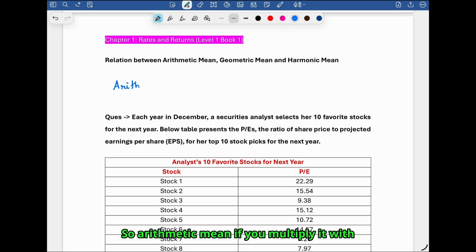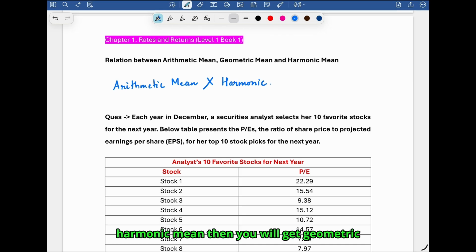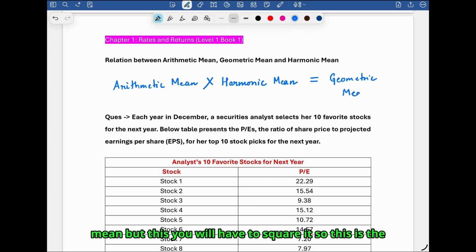Arithmetic mean, if you multiply it with harmonic mean, then you'll get geometric mean, with this squared.